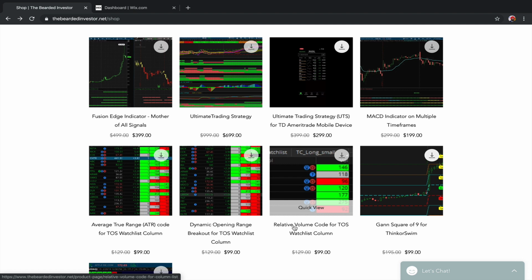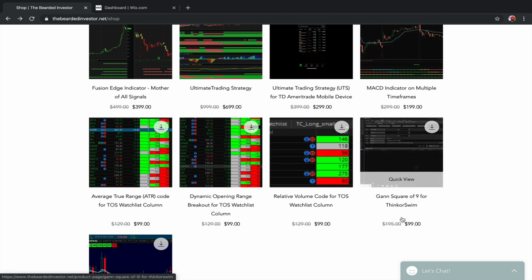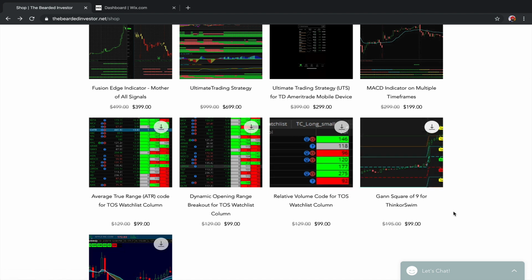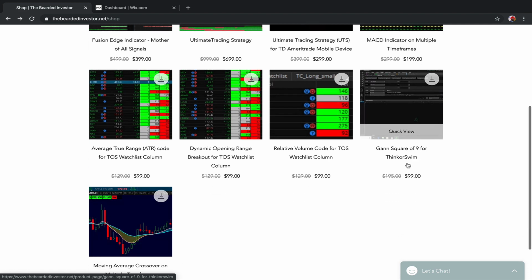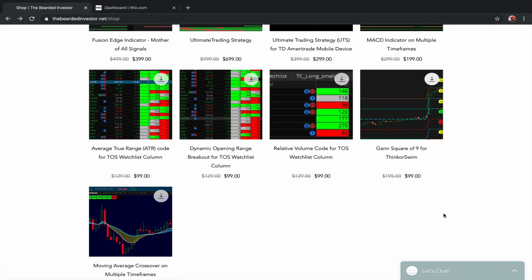Clearly, volume is what drives price, so if you can identify which stocks are exceeding their normal volume, that gives you a better selection of stocks. For those of you who subscribe to the Gann methodology of trading, I also have the Gann Square of 9. Each of them, when you click on it, has a little video that explains what the underlying method is for that particular signal.